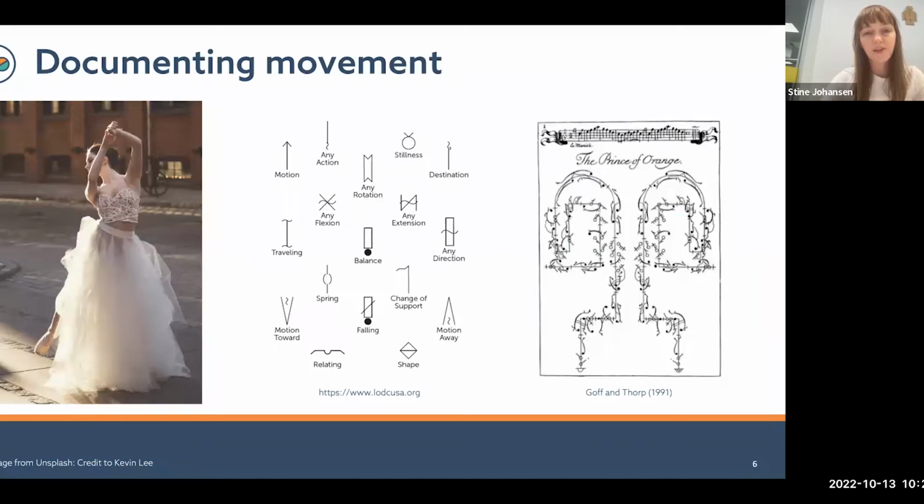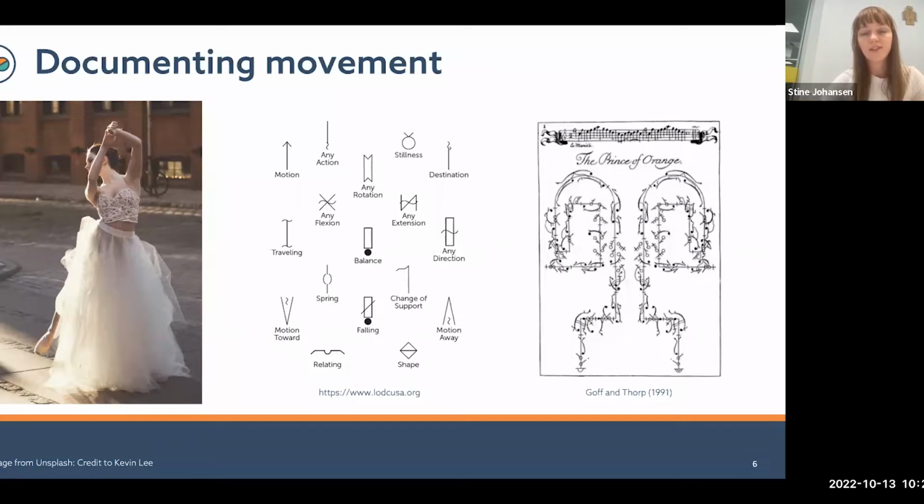This illustration in the middle of the slide is a dancing alphabet that seeks to describe different types of movements and what information is integrated into that movement. But documenting dance moves has existed for several centuries.